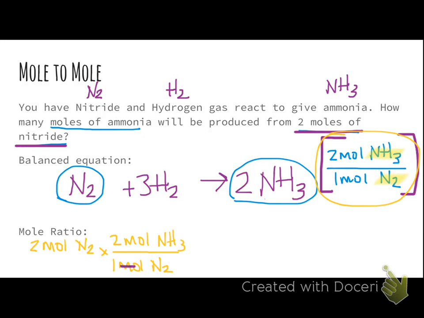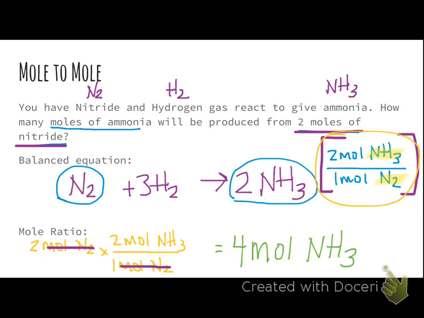Now, moles of N2 cancel, and I'm left with the unit of moles of NH3, and now I just do my math. So if I multiply and divide, I'm left with 4 moles of NH3. Okay, so that's going from moles of one substance to moles of another.